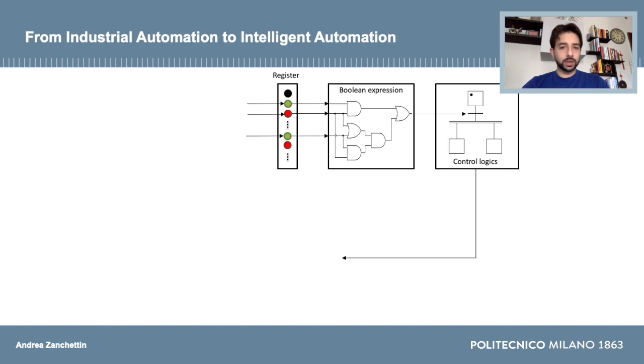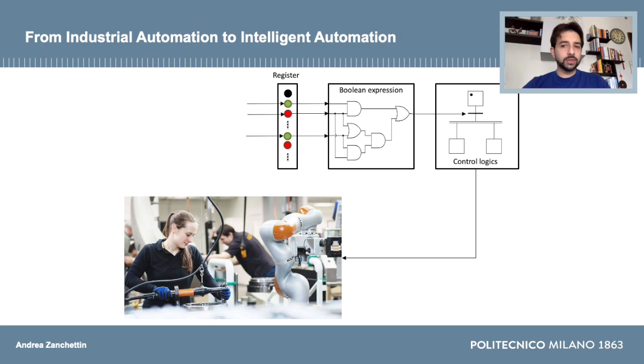Then there are Boolean expressions that allow transitions of a state machine to take different actions on the plant, and the current action is then forwarded to the plant for execution. Now the plan is a collaborative automation solution, so we expect to have both humans and robots. Signals coming from the robot can be processed in the same way we were used to. But how about the human?